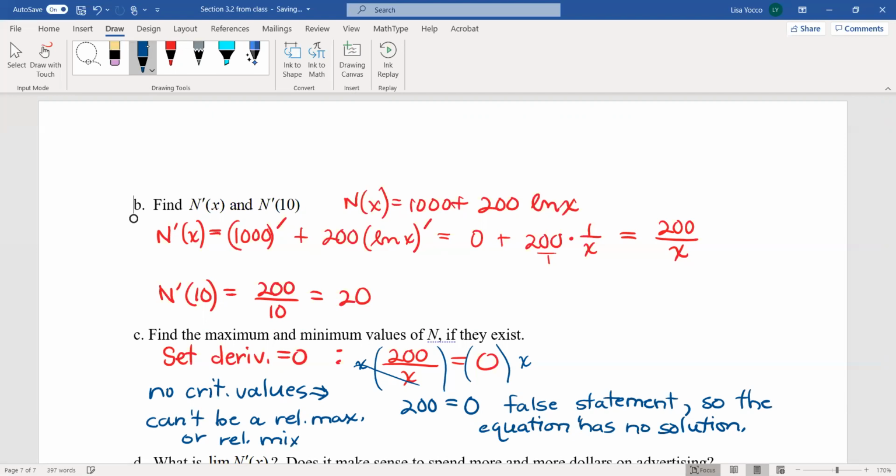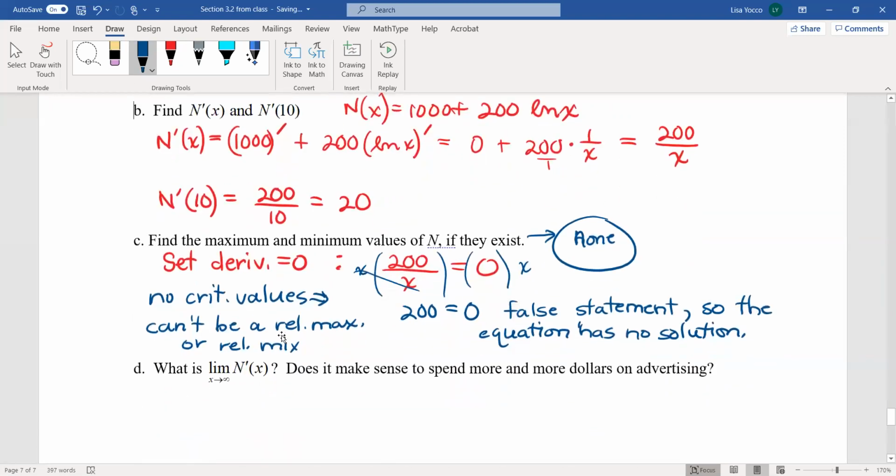All right? Can't happen. So no critical values, no relative max or min. So there are no maximum and minimum values.